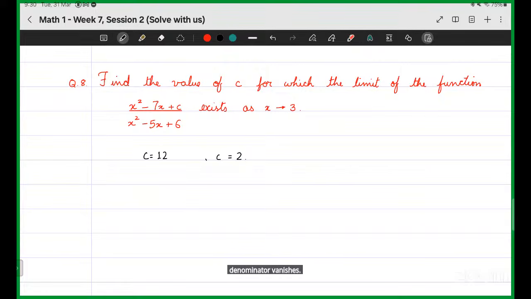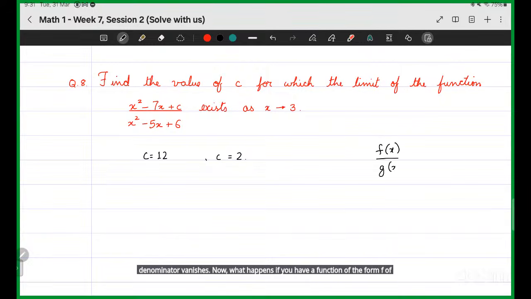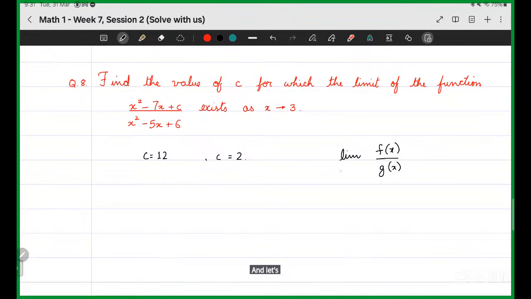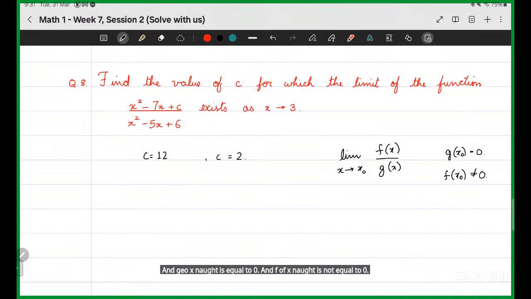Now, what happens if you have a function of the form f of x by g of x, and let's say you want x going to x naught, and g of x naught is equal to 0, and f of x naught is not equal to 0, it is some other constant? Then in that case, the limit doesn't exist.